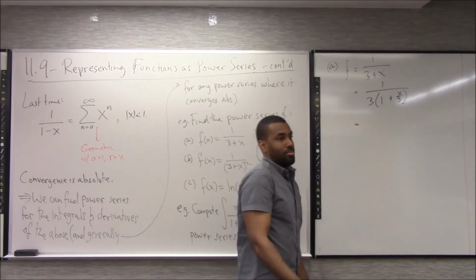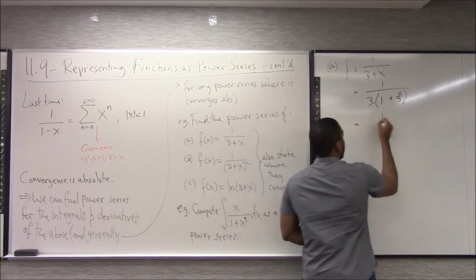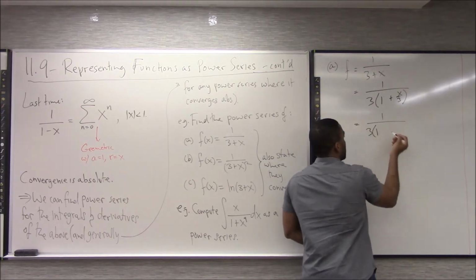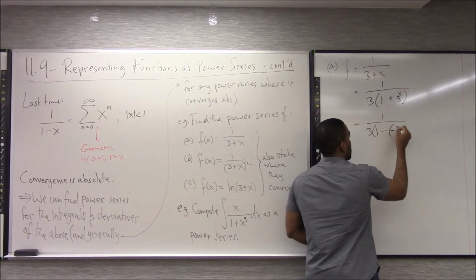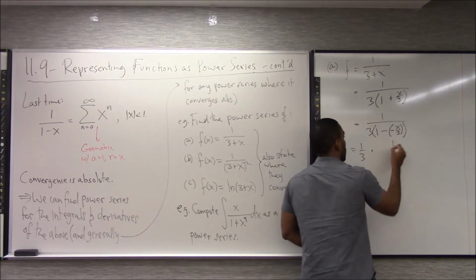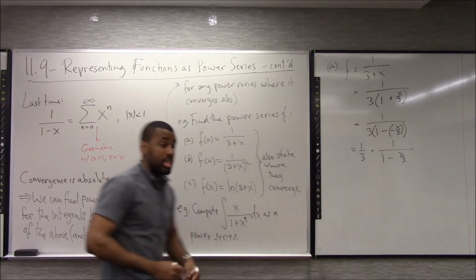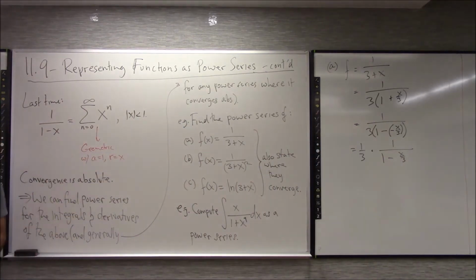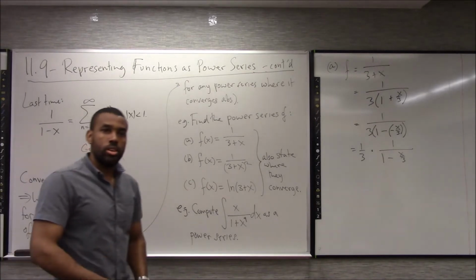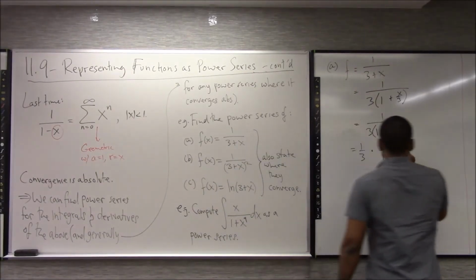Make it a negative of a negative x over 3. Just throw in a double negative here, which we know means something positive. So this really is 1/3 times 1 over 1 minus x over 3. So now this kind of looks like this guy, but instead of x, I now have x over 3.